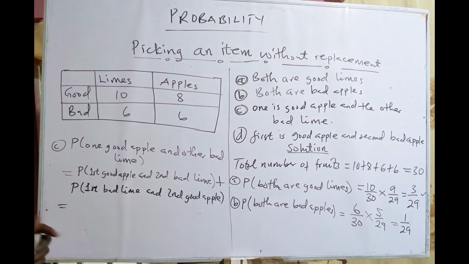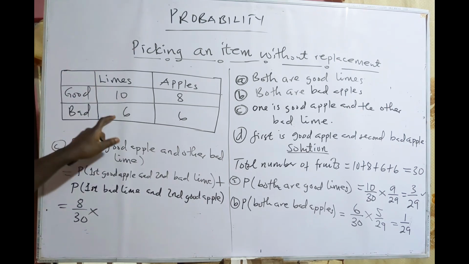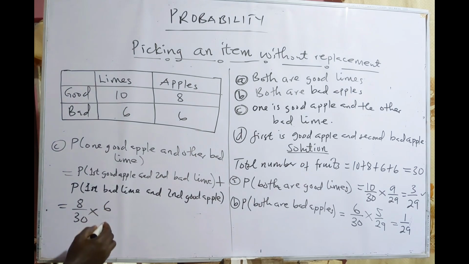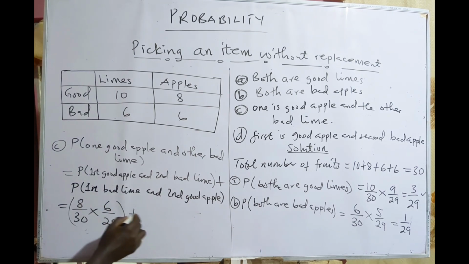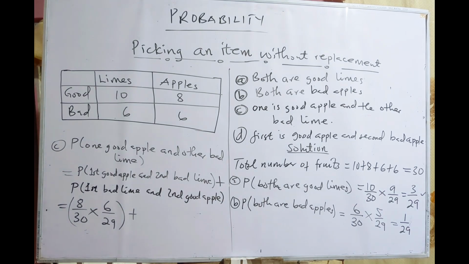So if it is first a good apple, how many good apples? 8 over 30. And second a bad lime. So let's check the bad lime. We have 6 bad limes. So 6 over 29. Because this is without replacement.